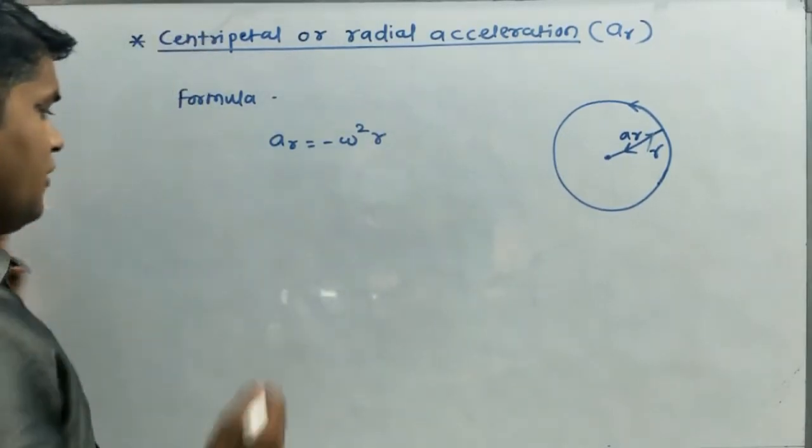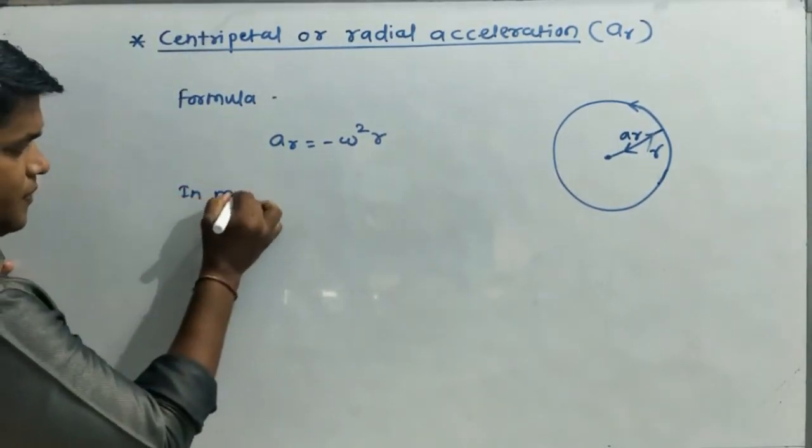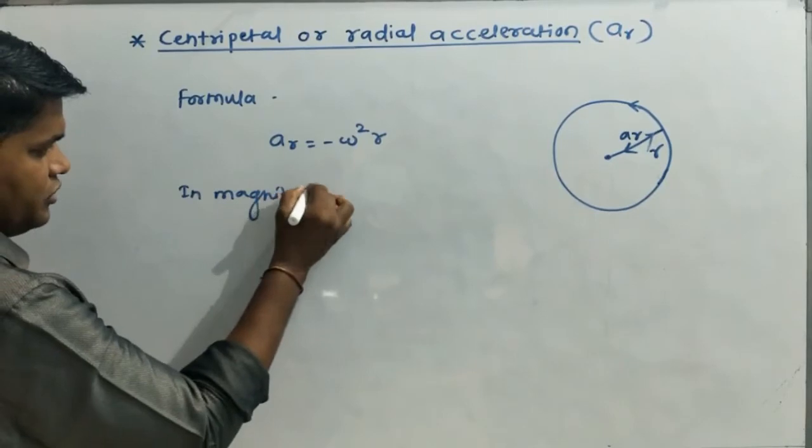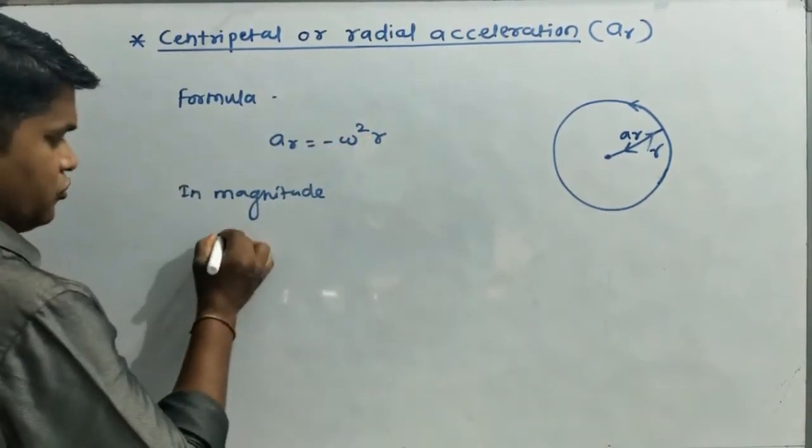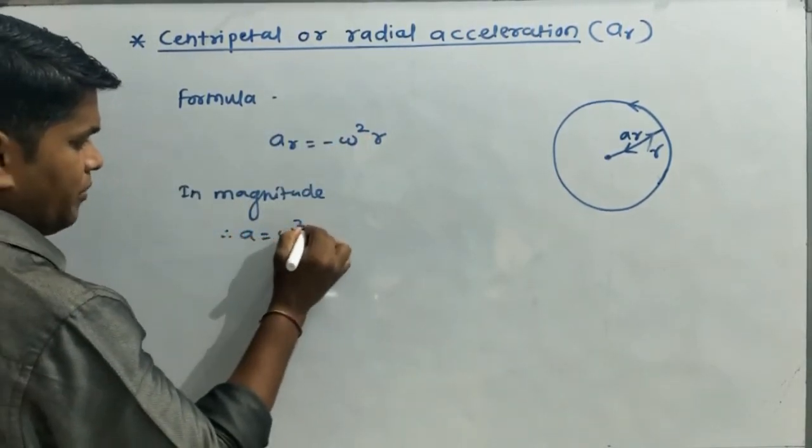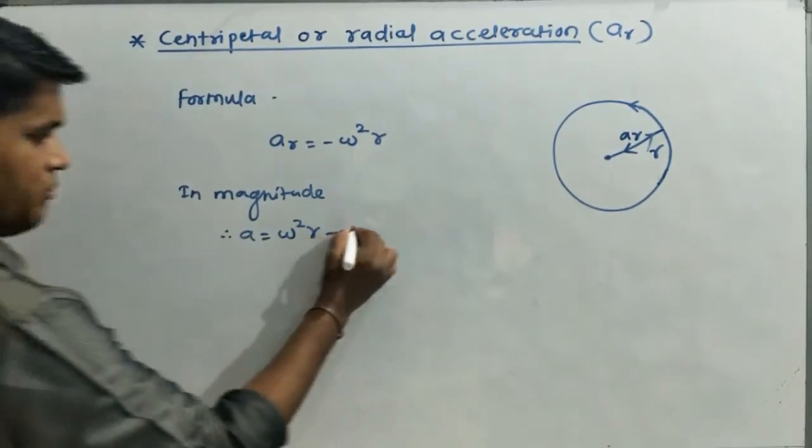Okay, this is the formula. In magnitude, if we consider only the magnitude of this equation, we get A is equal to omega square R. Suppose this is equation number 1.